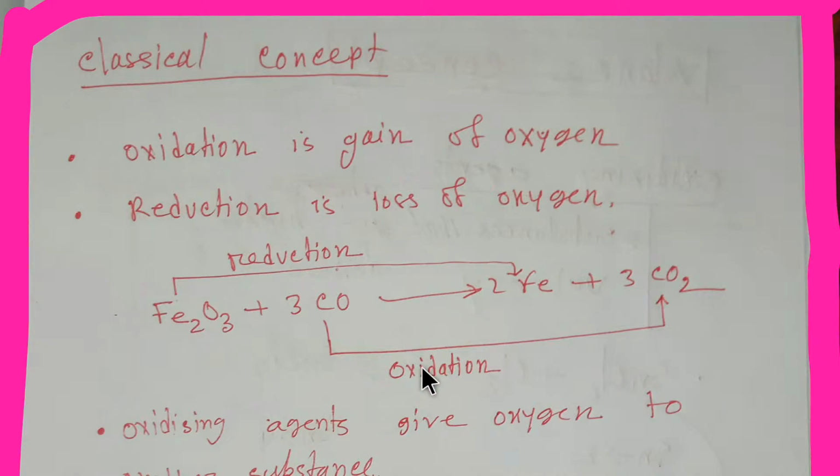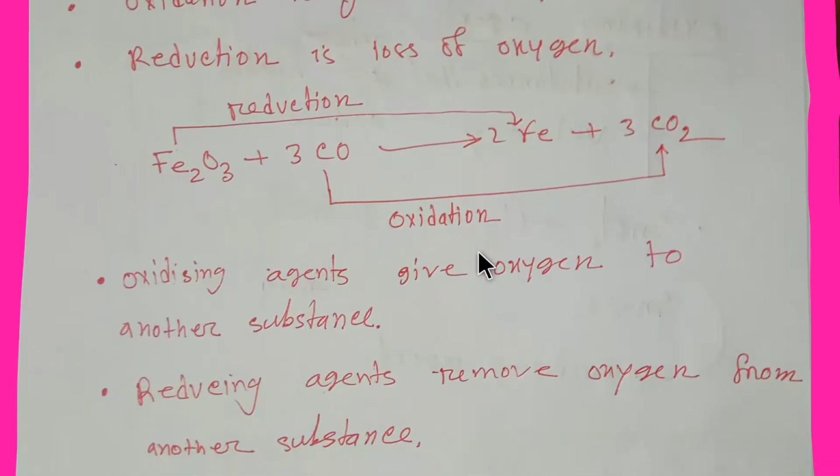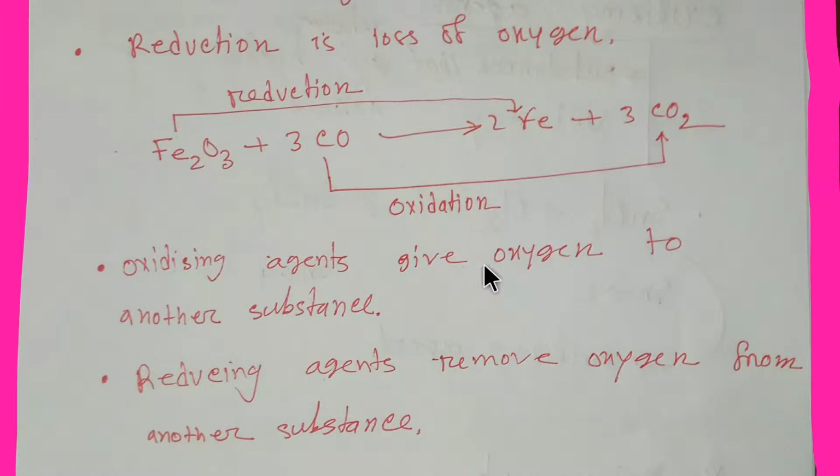Oxidation and reduction reactions are complementary and simultaneous, so they will occur together, and these two reactions are called redox reaction, right? Well, oxidizing agent gives oxygen to another substance, right? Here you see ferric oxide is the oxidizing agent because it is giving oxygen to carbon monoxide. On the other hand, reducing agent removes oxygen from another substance.